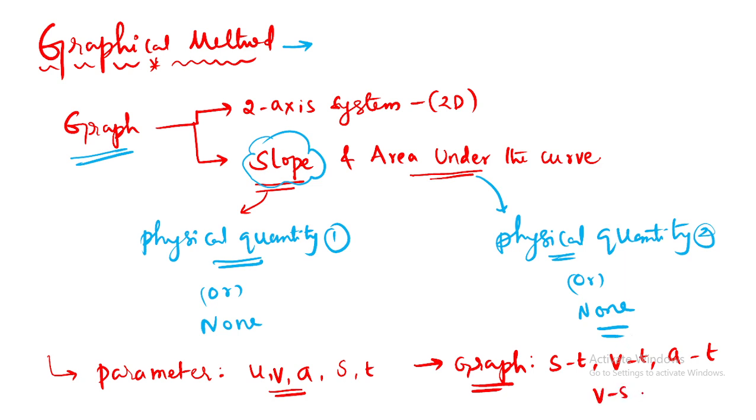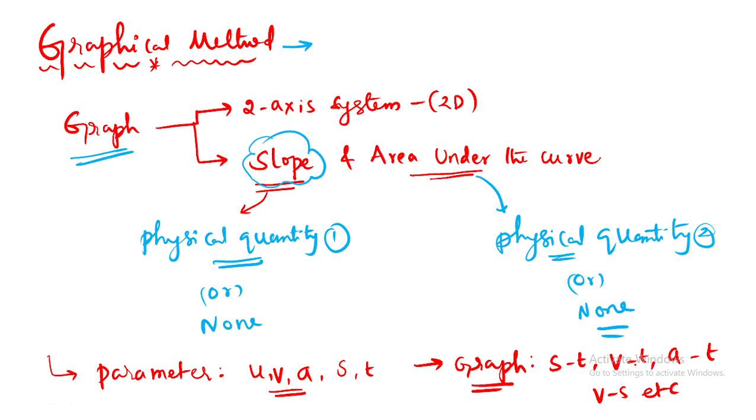All those we can actually do. So the possible graph types are velocity and time, velocity and distance, displacement, and acceleration also. These are the possible graphs.